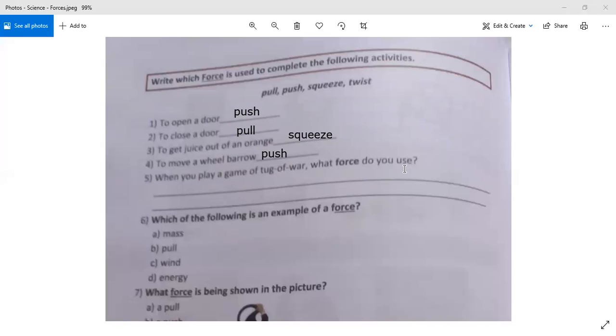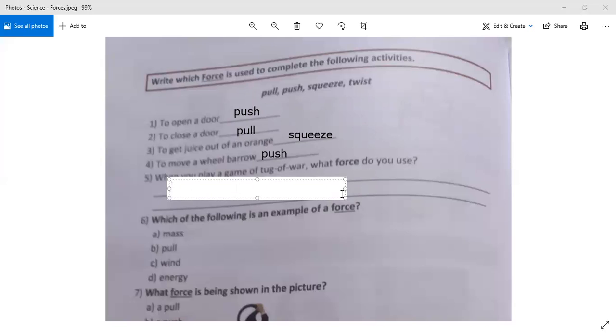When you play a game of tug of war, read that part. What force do you use? So when you play a game of tug of war, what kind of force do you use? Is it a twist, a squeeze, a pull, or do you push them? Okay, yes, very good. You have to pull the rope. So we have to write this in a sentence.